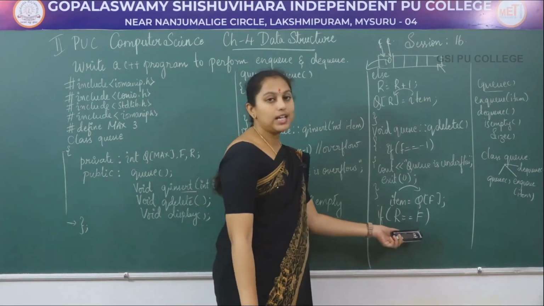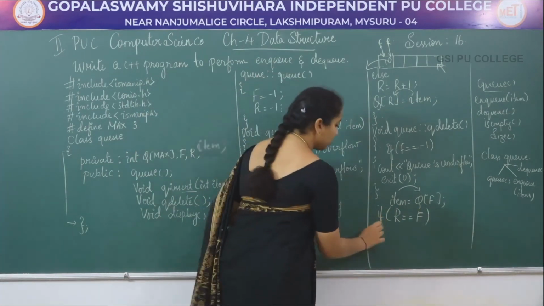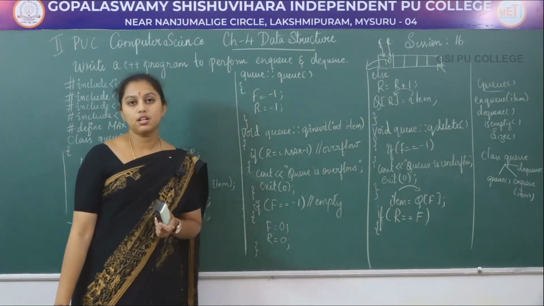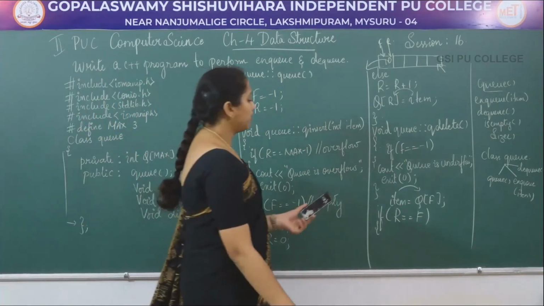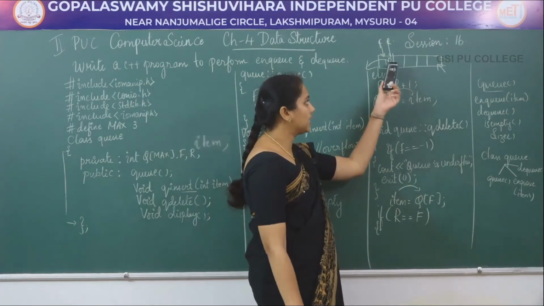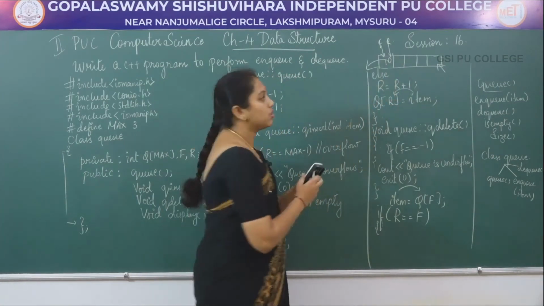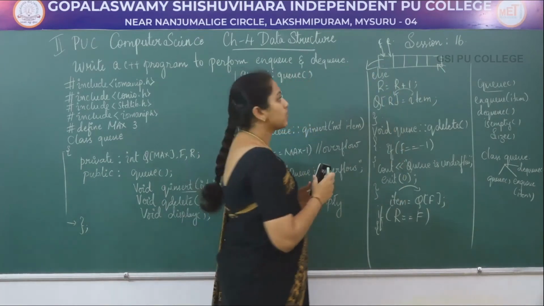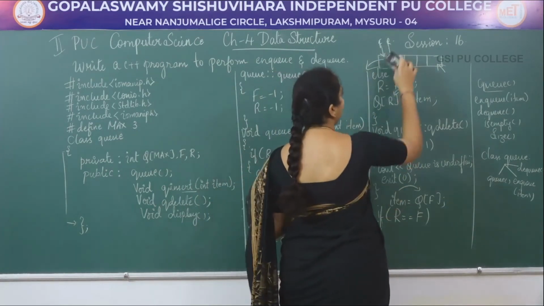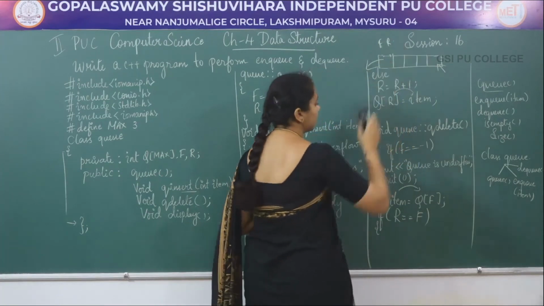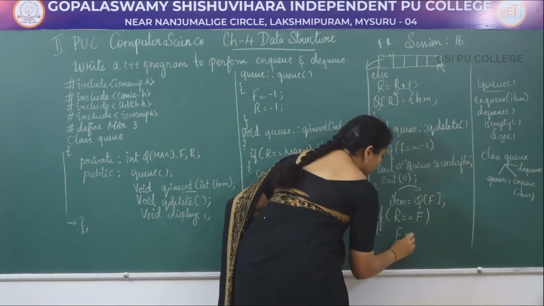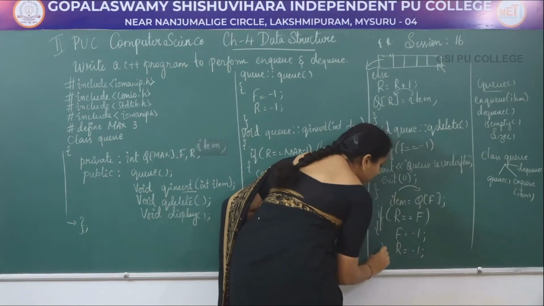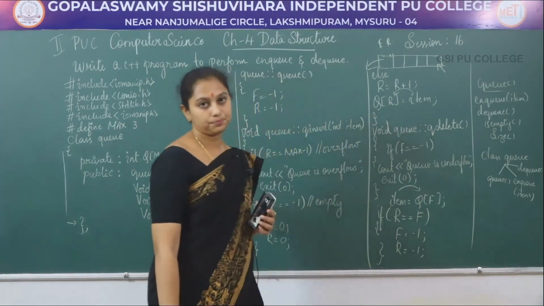If we delete that item from the queue, the queue becomes empty now, right? So then the front and rear point to -1. Front is equal to -1 and rear is equal to -1.